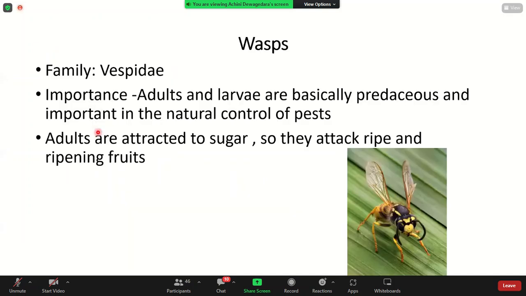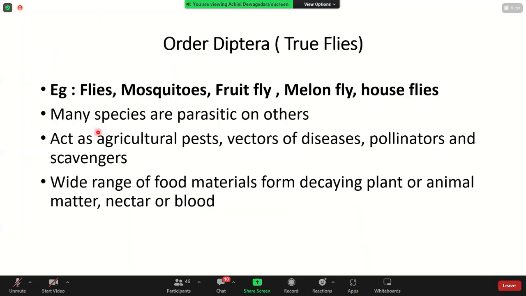Next, we are going to move into another order, that is order Diptera. So order Diptera is considered as order with true flies. So flies, mosquitoes, fruit fly, melon fly, house fly are the ones that are coming under order Diptera. Right?